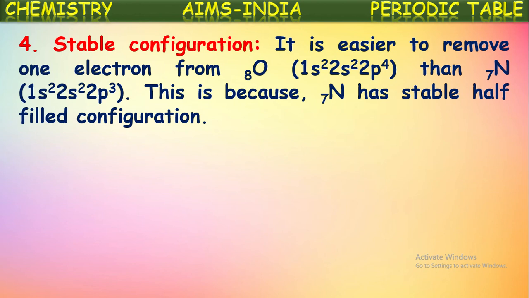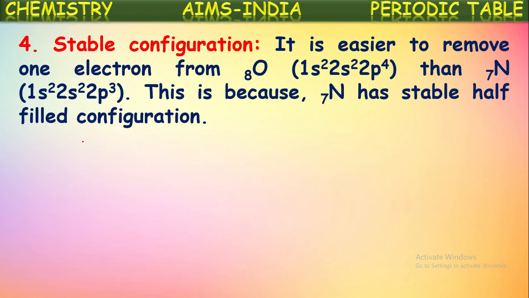Let us see one example mentioned here. It is easier to remove an electron from oxygen, which has the configuration 1s2, 2s2, 2p4, than the removal of an electron from nitrogen, whose configuration is 1s2, 2s2, 2p3. This is because nitrogen has a stable electronic configuration, that is, a half-filled outermost orbital.